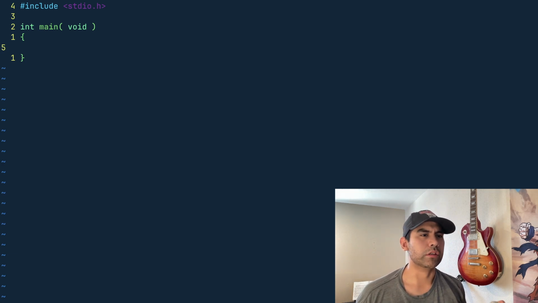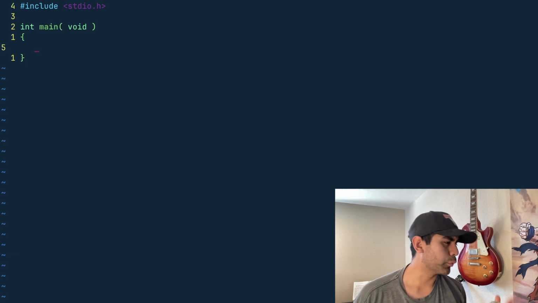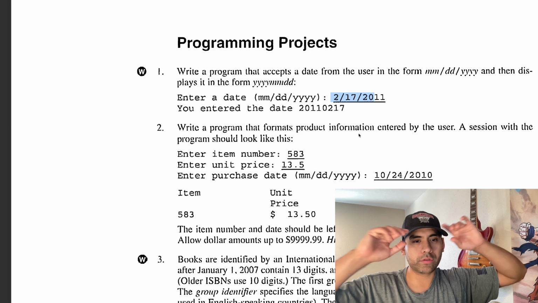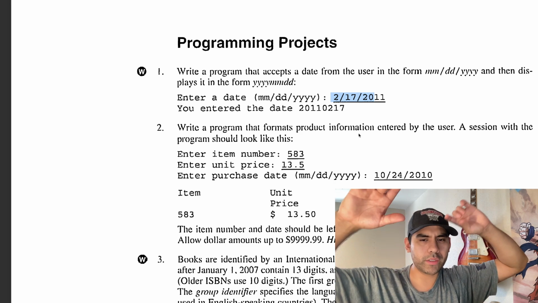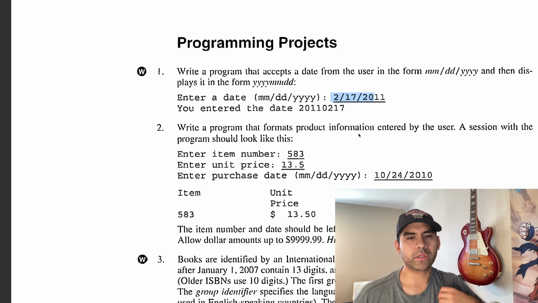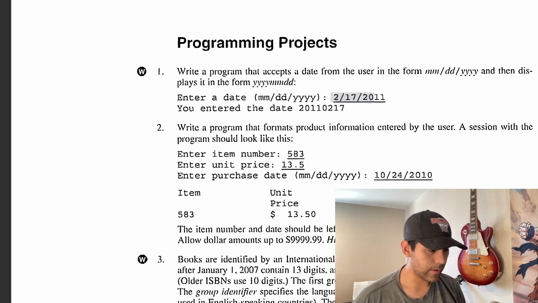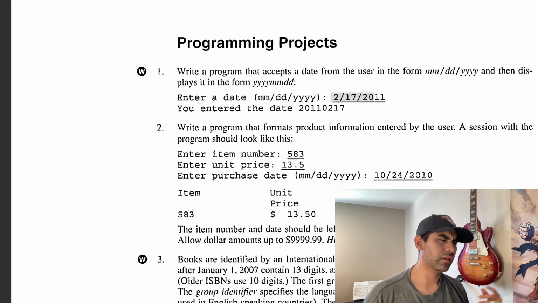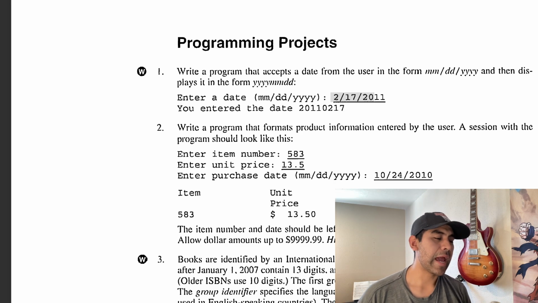All right, let's begin. Let's read the prompt again. I forgot it. Write a program that accepts a date. So accept a date, month, day, year, and then output it the other way. Shouldn't be that hard. So let's create our first variables. Obviously they're gonna be month, day, and year.